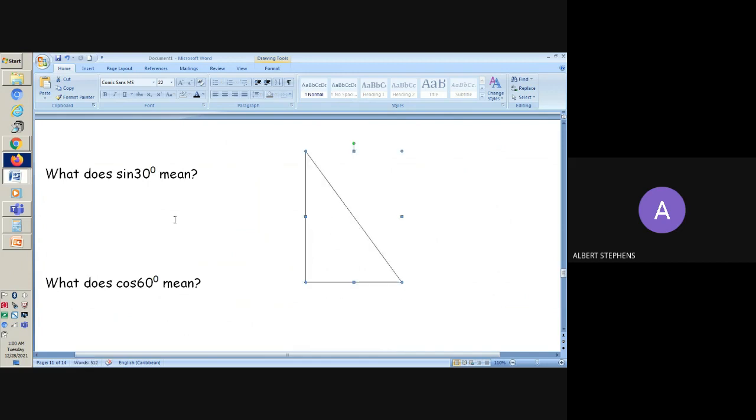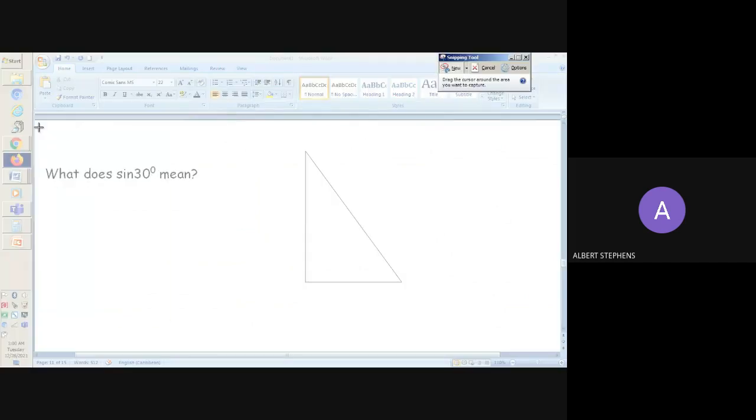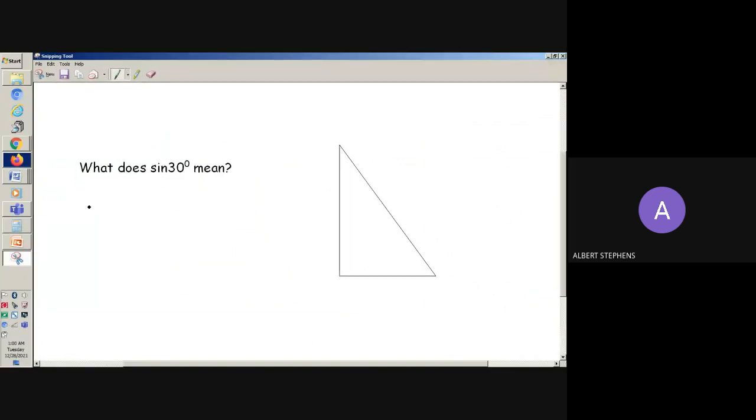So sine 30 is actually a half. So if you use a scientific calculator, you get a half. All right, so let me show you how that came about.